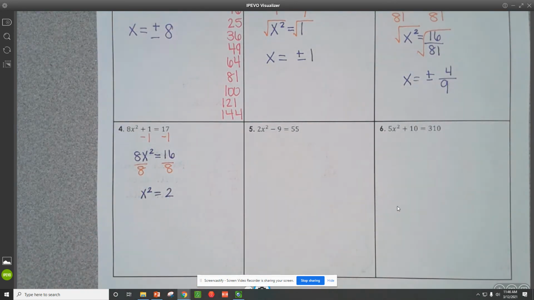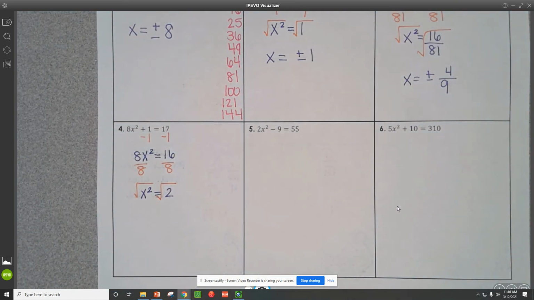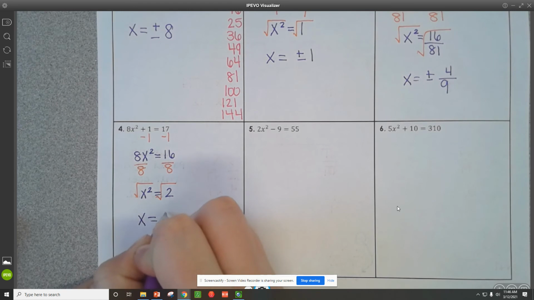So x squared equals 2. And then we take the square root. Now 2 is not a perfect square, but there's no perfect squares that go evenly into it. So when I write my answer, I just write plus or minus the square root of 2.